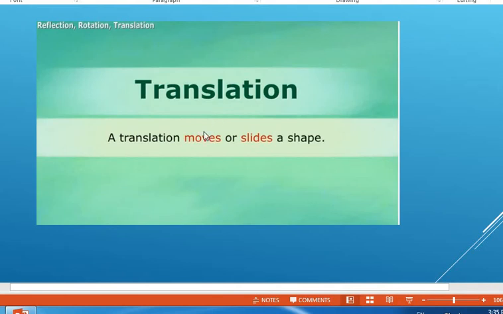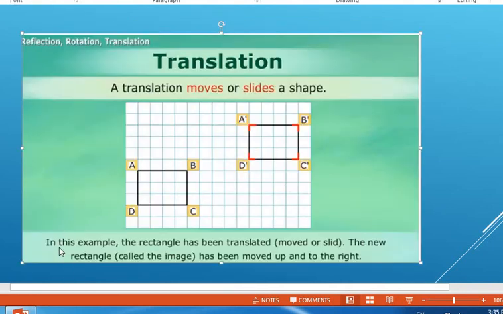Translation. Translation moves or slides the shape. In this example, the rectangle has been translated, moved or slid. The new rectangle, called the image, has been moved up to the right, like this, from here to here.